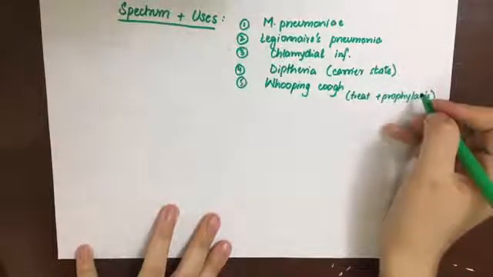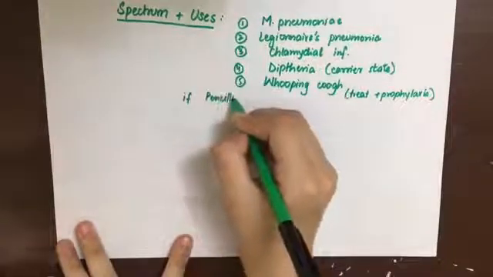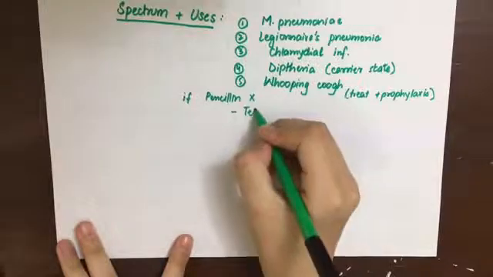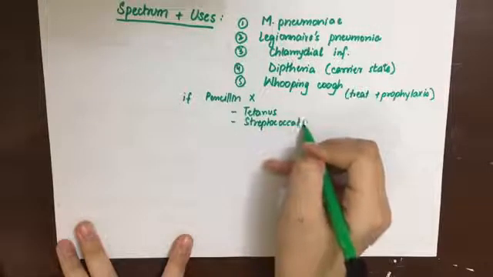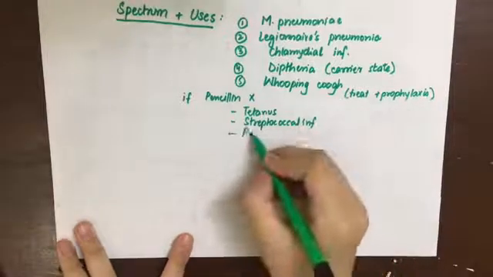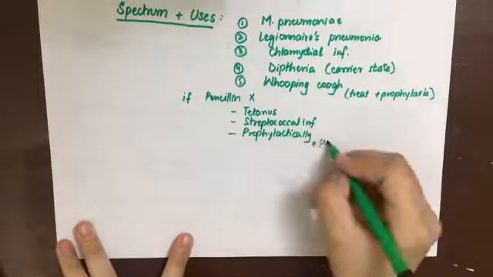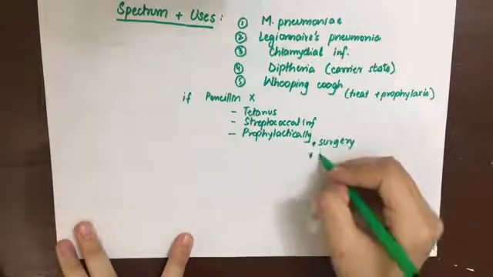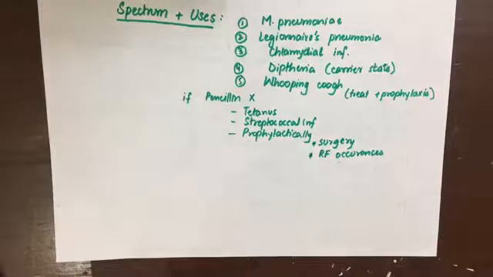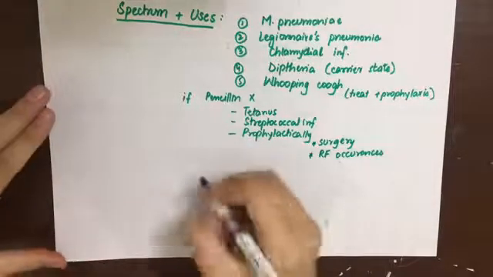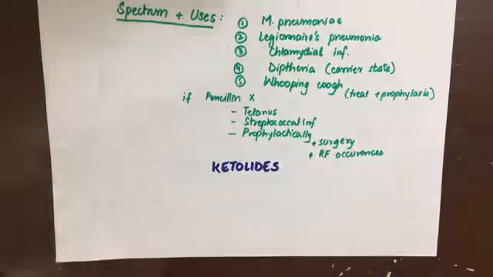Apart from these uses, macrolides can also be used in cases where patients are allergic to penicillin and thus can be used to eliminate Clostridium tetani, and also some streptococcal infections, that are skin and soft tissue infections such as cellulitis, pharyngitis, tonsillitis, etc. And also they're used prophylactically before surgery and also to eliminate rheumatic fever occurrences.